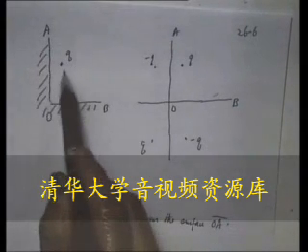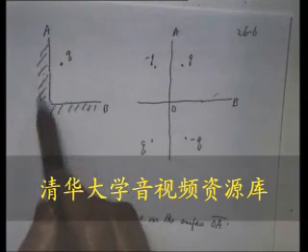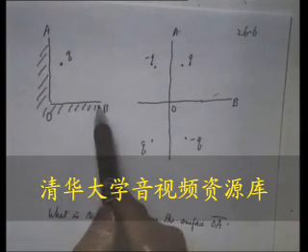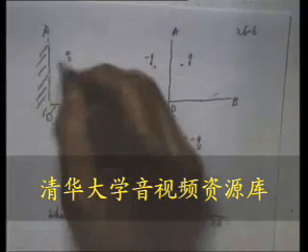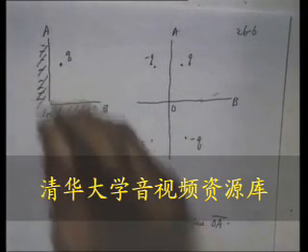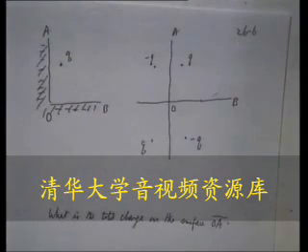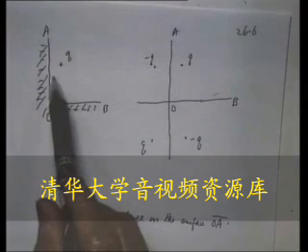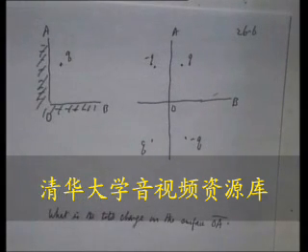This charge is here, this is a half plane, this is another half plane. Then if this Q is positive, there will be a lot of negative charge on the surface. We want to know what is the total negative charge.